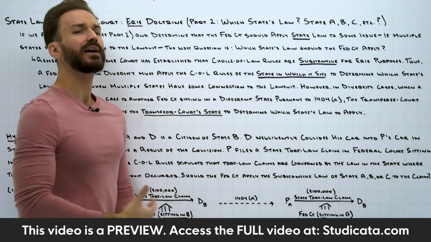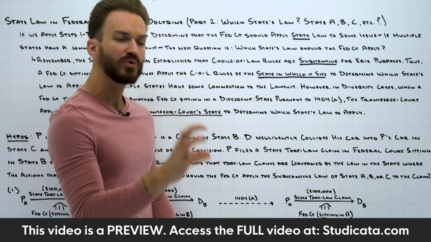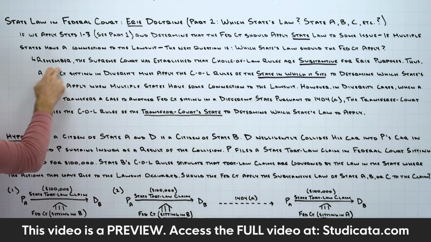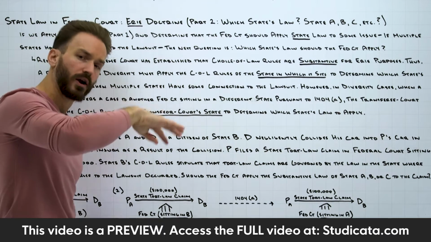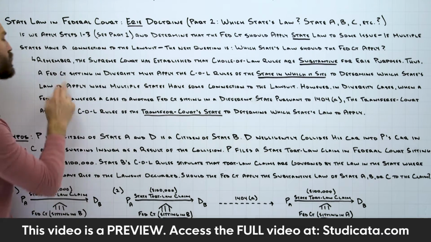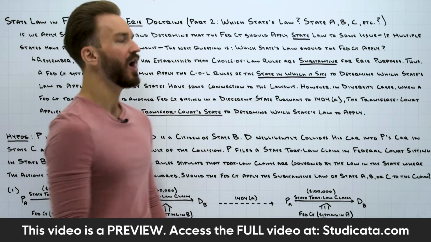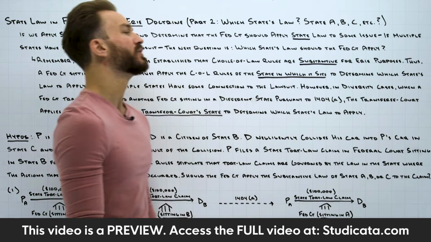Well, the answer is the federal court uses choice of law rules to make this determination. Remember, the Supreme Court, and this is from part 1, our prior lesson on Erie, remember the Supreme Court has established that choice of law rules are substantive for Erie purposes.